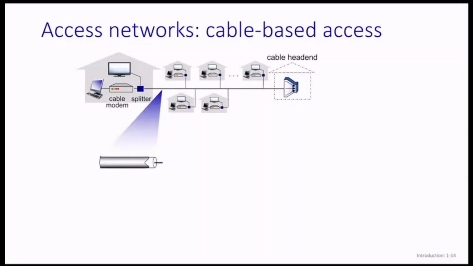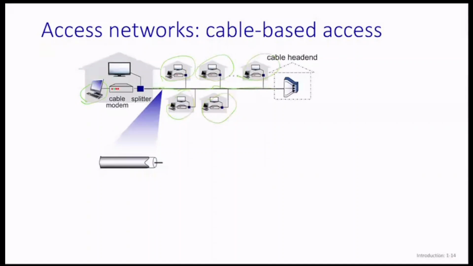For cable-based access, we can see this figure. This is a very popular architecture. Based on this figure, we can see on the internet there are several devices, maybe also the Wi-Fi router, and there are different homes here. And there is the shared LAN or shared link.